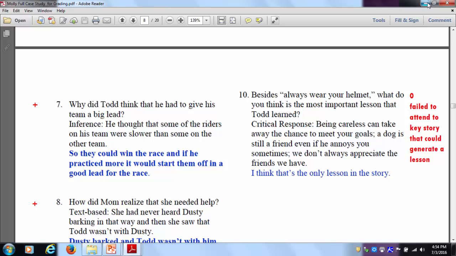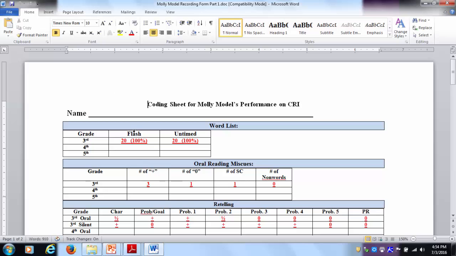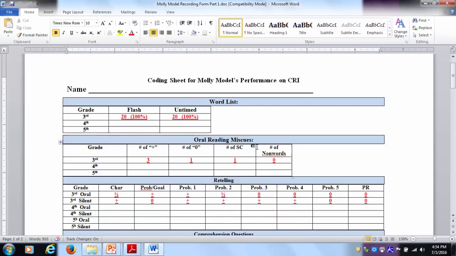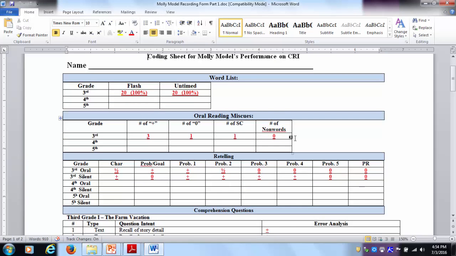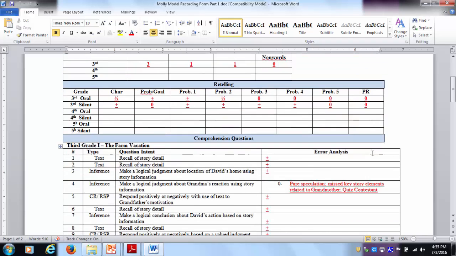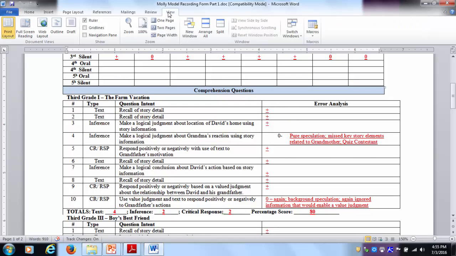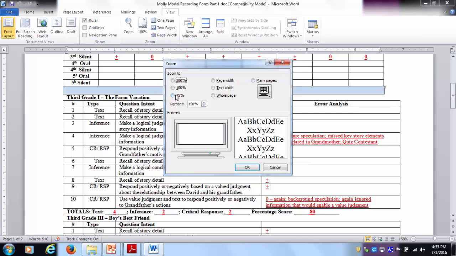All right, at this point, we've worked together. And what would we have here? We would have put our scores in here, our retelling scores both here, and notice we just put pluses where we needed to. I'm going to jump this up in view so that you can really see it.